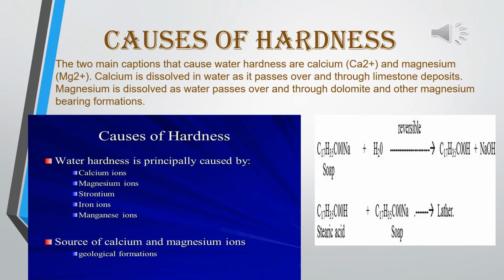Same here, stearic acid, C17H35COOH, when it reacts with soap again, C17H35COONa, it is forming lather of the soap, that is called hardness. So ordinary soaps are sodium and potassium salts of high molecular weight fatty acids like stearic acid, palmitic acid, etc. These salts are soluble in water and they form lather with water.